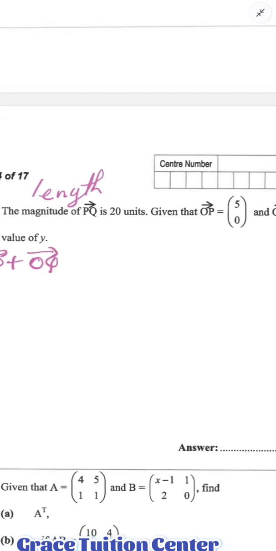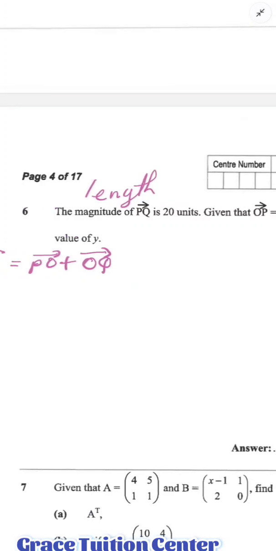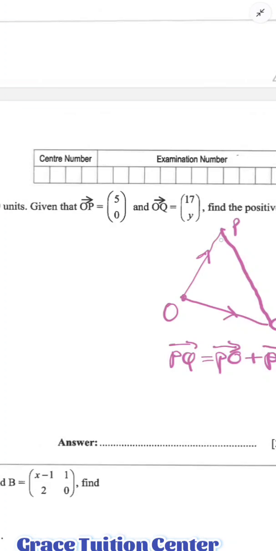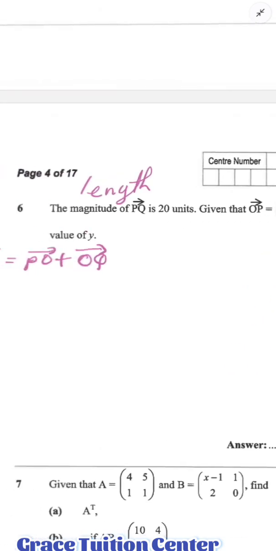You see that? Now, what is PO? What we are given here is OP. PO is simply the negative version of OP. So in short, since we are moving from P to O, we are moving against this arrow. We are going in the opposite direction with this arrow. We expect to have a negative on our vector.